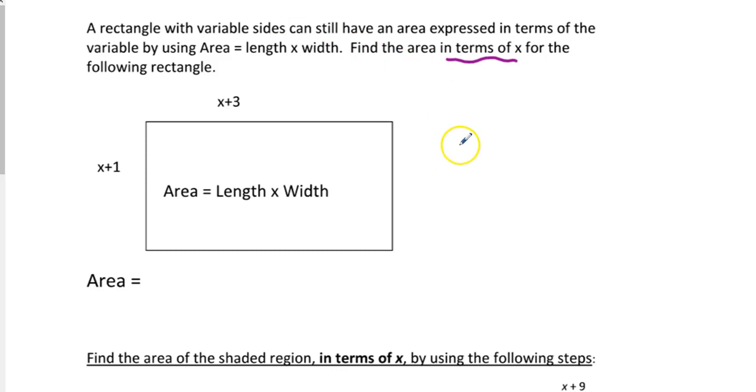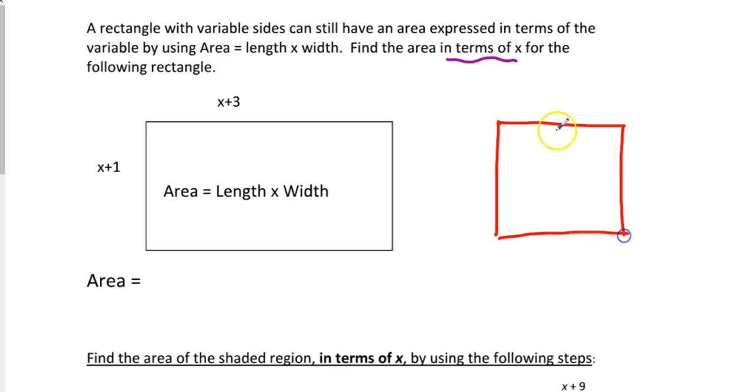If you recall, we like to set this up with a window to represent the different components of the length and width that aren't like terms, the x and the 3. So go ahead and set this up and try to simplify the terms that result in the expression in the window panes, and then write your area here. Play the recording when you're ready.